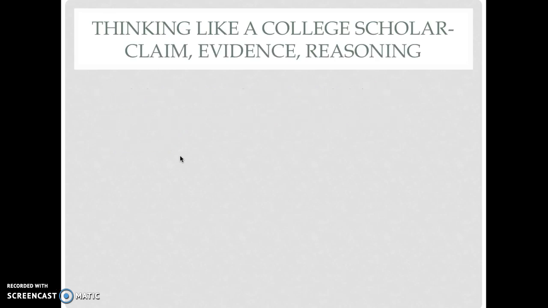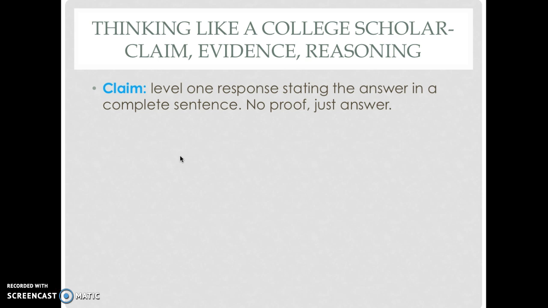Okay, all right. Thinking like a college scholar, now we are going to elaborate this definition of density using a claim, evidence, and reasoning. I'm going to explain what claim, evidence, and reasoning are. Claim means a level 1 response, stating the answer in a complete sentence. No proof is required, just the answer.